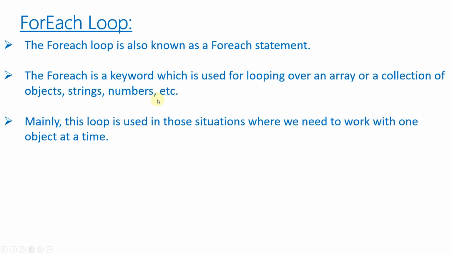Mostly this loop is used where we need to work with one object at a time. So a collection contains a lot of elements, and in every iteration we want to fetch one element and use that particular element in the code block, then we can use the foreach loop.